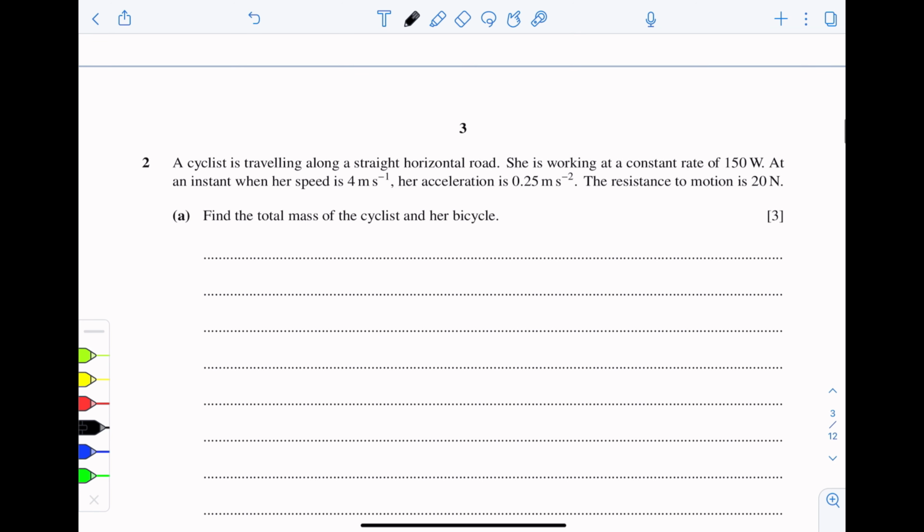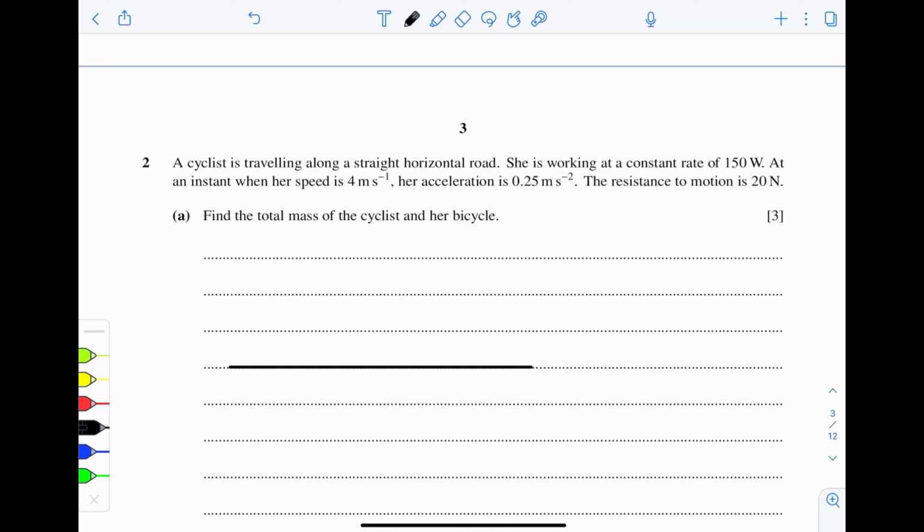Next, question number two. A cyclist is traveling along a straight horizontal road. This is a horizontal road. She is working at a constant rate of 150 watt.